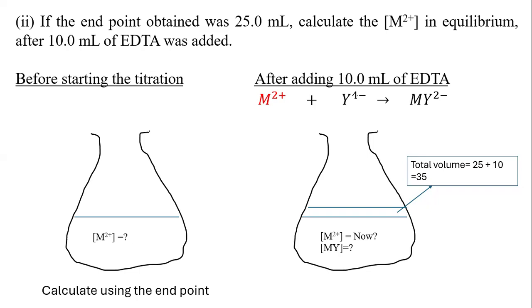If it is a dissociation reaction, we call it the dissociation constant. But we are talking about a formation reaction in equilibrium, so it's a formation constant. With the help of that only, we can calculate the concentrations in equilibrium.